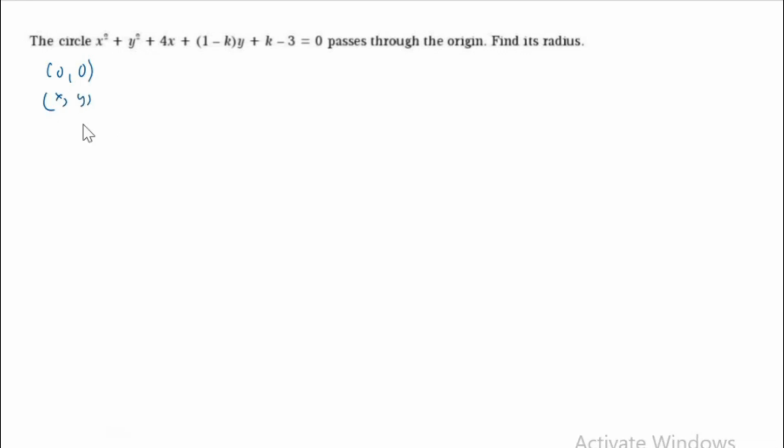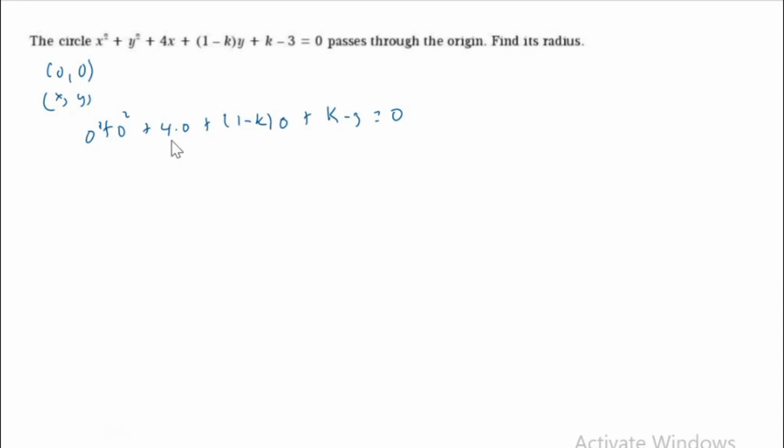By substitution, we can write 0 squared plus 0 squared plus 4 times 0 plus (1 minus k) times 0 plus k minus 3 is equal to 0. Actually, after substitution, we are solving for the value of k.